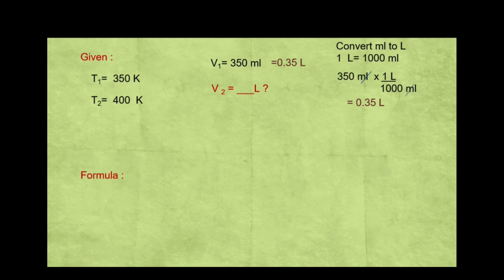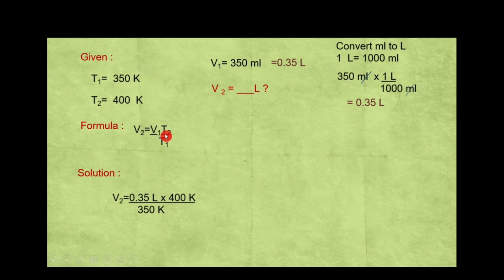So the formula that we're going to use is V sub 2 is equal to V sub 1 times T sub 2 over T sub 1. For the solution, we have V sub 2 is equal to, just substitute the given quantities. So initial volume, we will use the value in liter. So that is 0.35 liter.